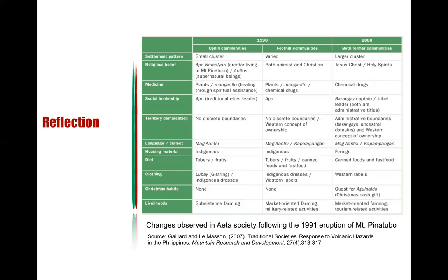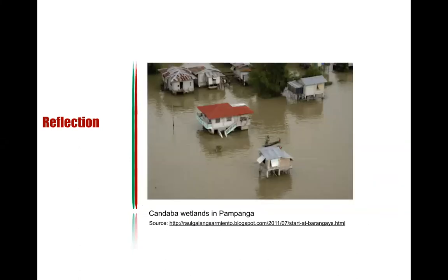But it is also true that we have agency to change our environmental conditions. For instance here, I understand your government is planning to channel the water to the Pampanga River, right? This shows that humans have the capability, the agency, to change their landscape. So it goes to say that there is also a point in environmental possibilism, right?